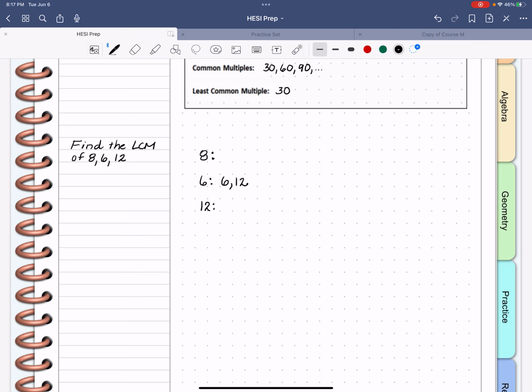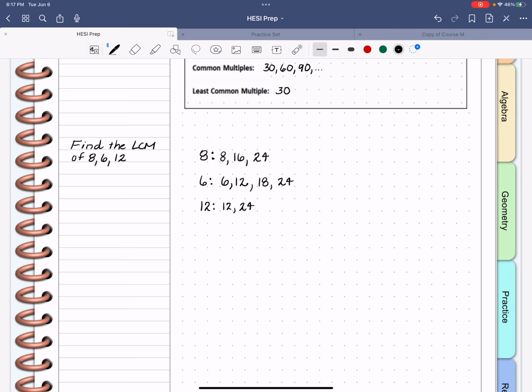But the 12 doesn't work with the 8. So let's keep going. We have 18. And then look at this next one. All right, so 24, I know that will work here. Will it work up here? 8, 16, sure enough, it does.